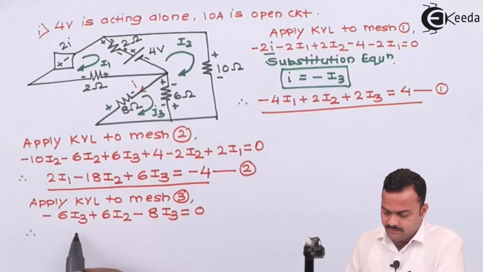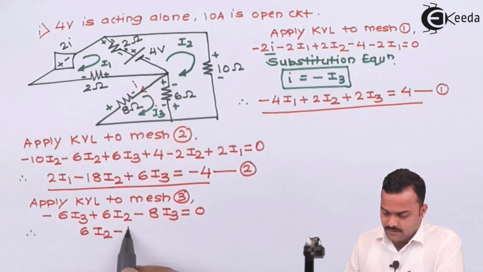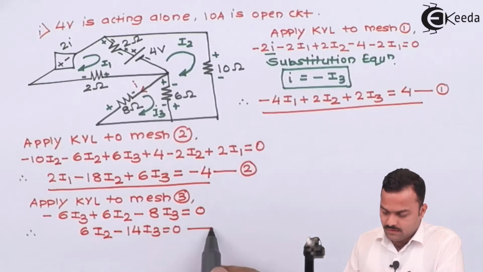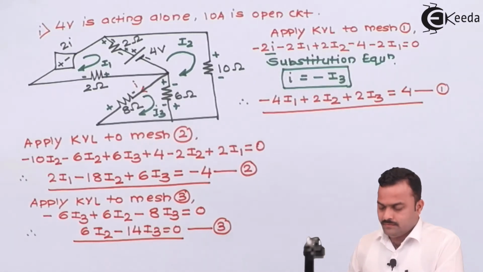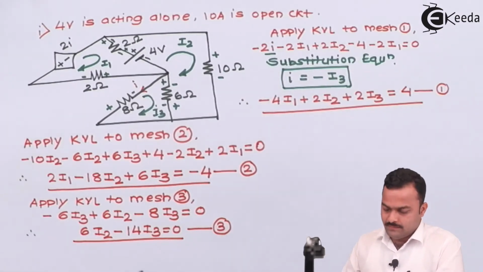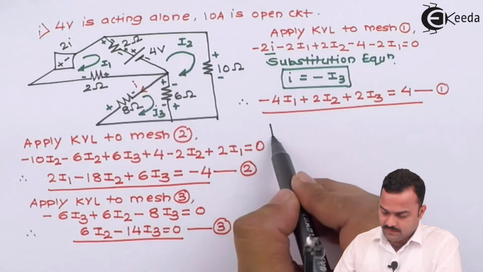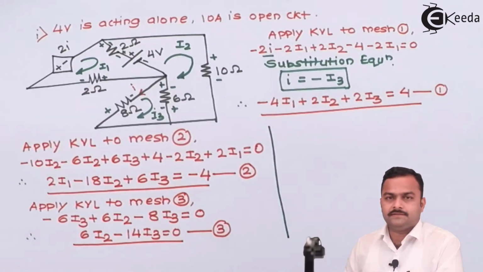Upon simplifying, I get 6I2 minus 14I3 equal to 0 as equation number 3. So we have these three equations, and upon solving them we will get the values of I1, I2 and I3.